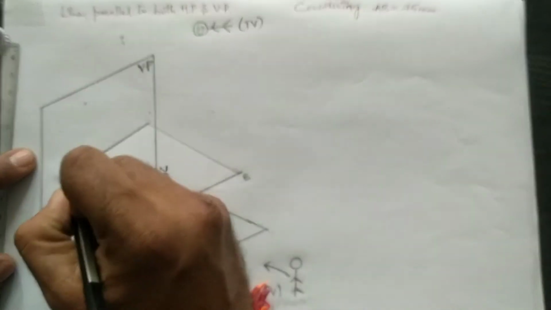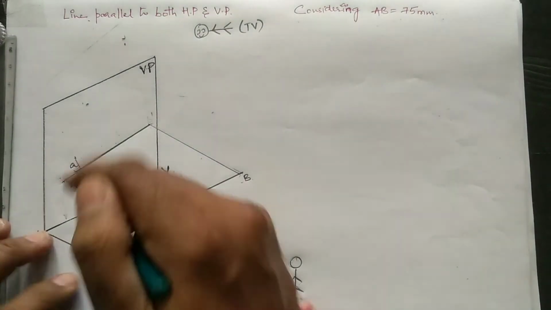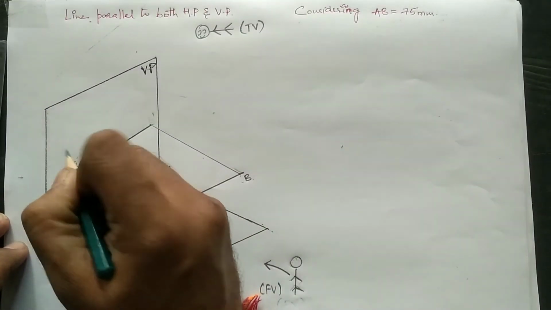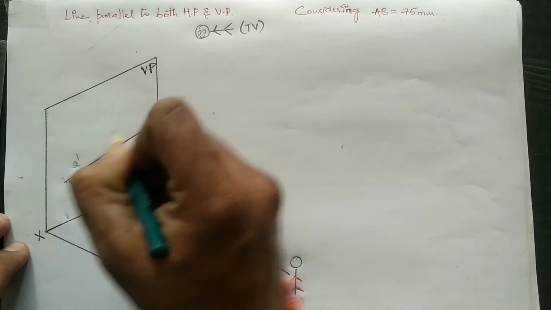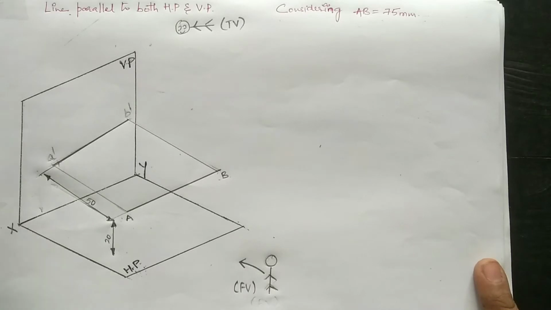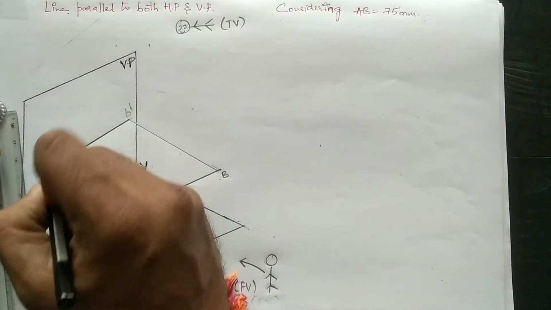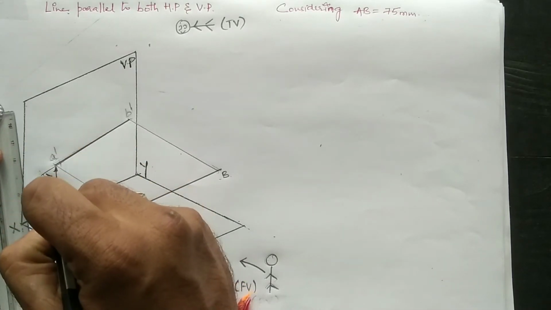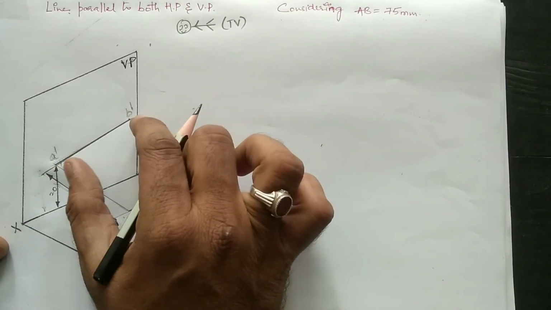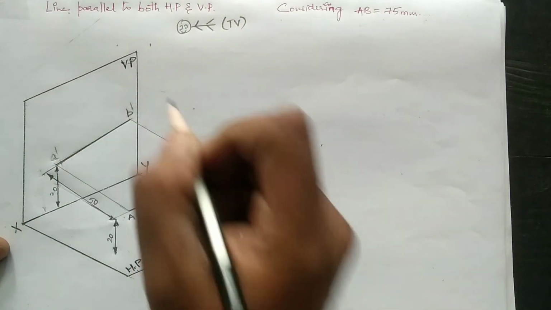When projected on the vertical plane, we mark it as A dash, and the other end we mark as B dash. Marking the dimension, it is 20 mm above HP. This is the projection carried out on the vertical plane.